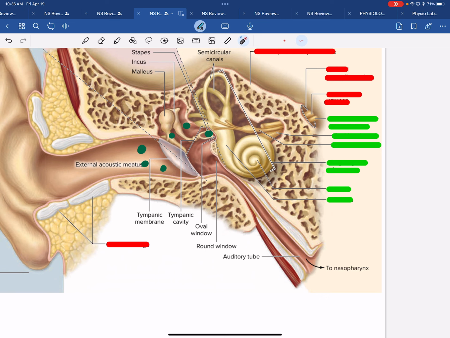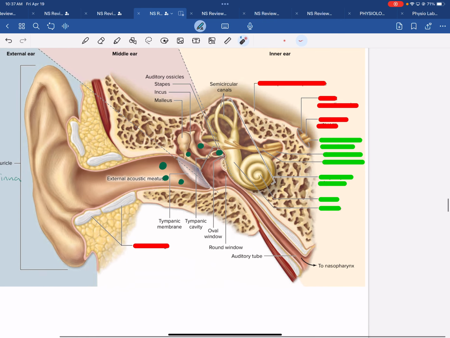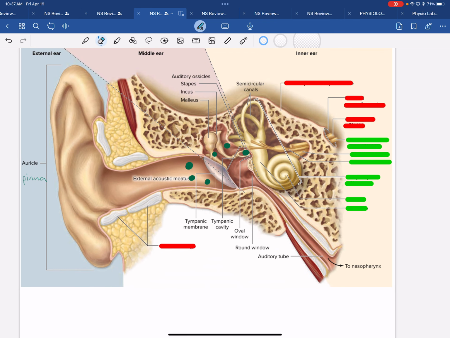You need that equalized pressure, otherwise the tympanic membrane is too taut and it doesn't move as well, right? So that's what the auditory tube does. Eustachian tube, pharyngotympanic tube, all right?